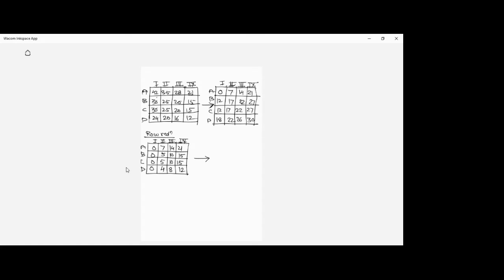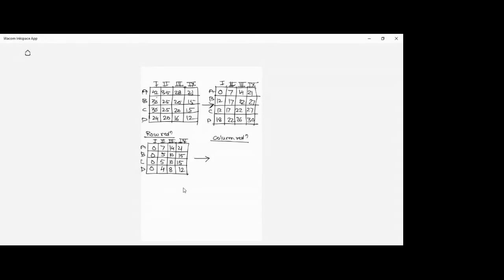Is there any need of column reduction? Yes, there is need of column reduction, because we do not have a 0 in each and every column. So we'll have to do the column reduction.